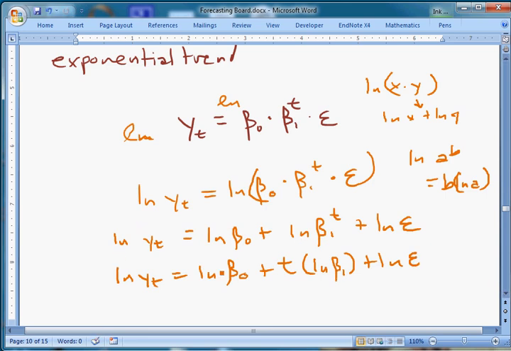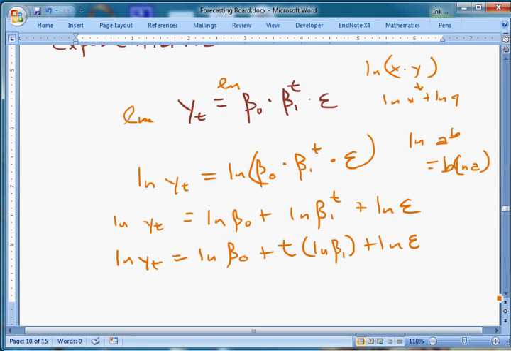Now this looks a little bit more like what we've used before with regression. It takes a little transformation, but this is how we estimate an exponential trend. What we do is we define a few things. We're going to let y squiggle equal log of y, beta 0 squiggle equal log of beta 0, beta 1 squiggle equal log of beta 1, and epsilon squiggle equal log of epsilon.